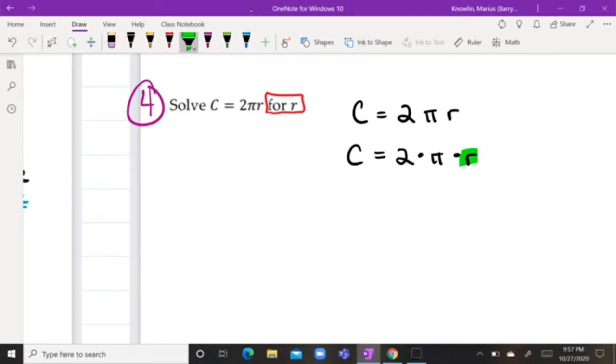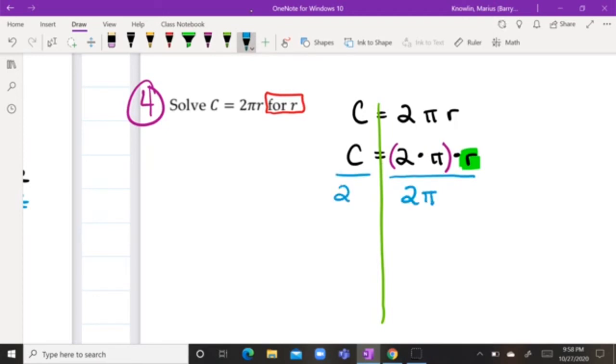Now r is what we want to solve for, and we want to move everybody else. Technically speaking, this 2 pi, we can treat that as one group. So r is being multiplied by 2 pi, and to undo that, I would simply divide both sides by 2 pi.